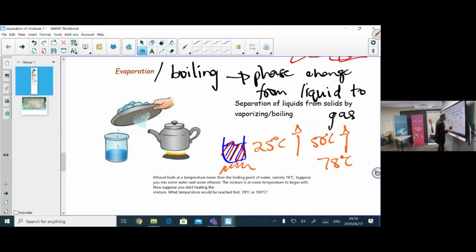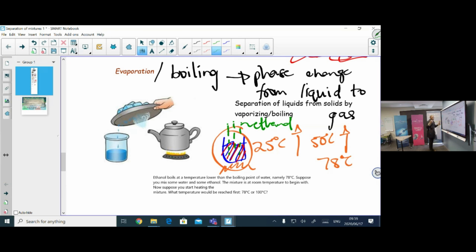So at this state, our mixture being at 78 degrees means that ethanol will start to evaporate. It will start to boil.